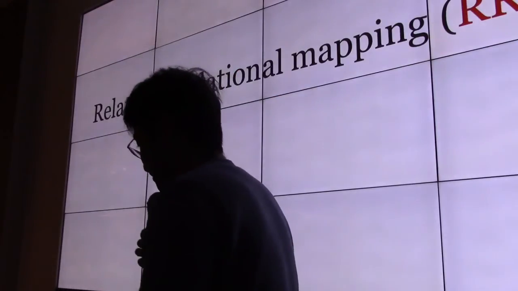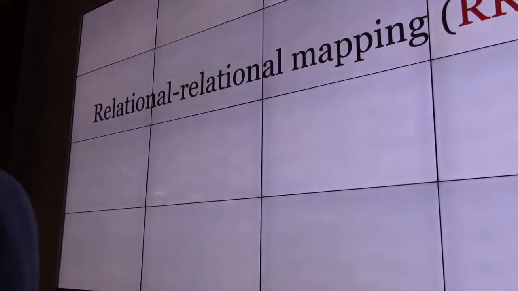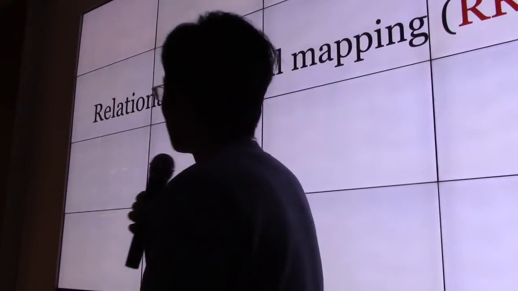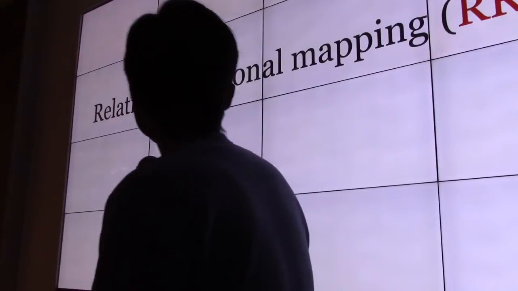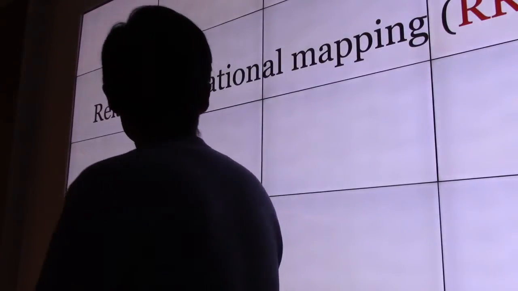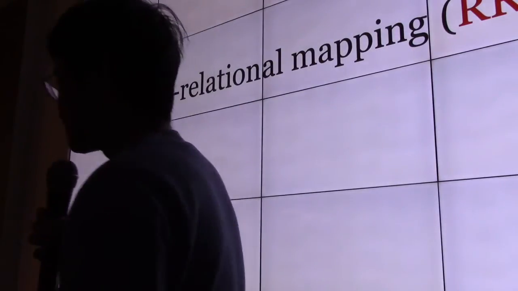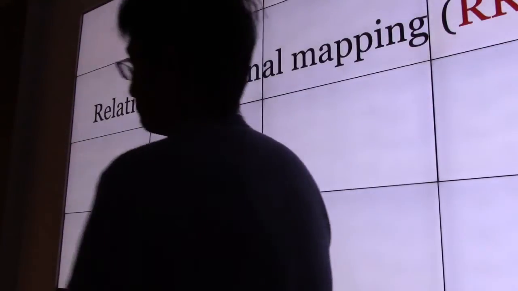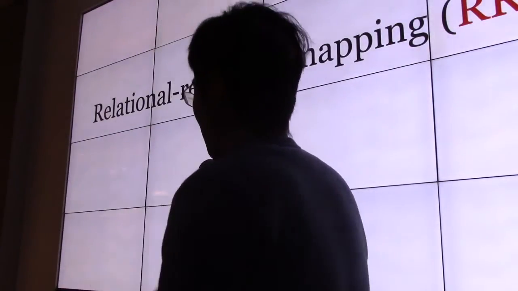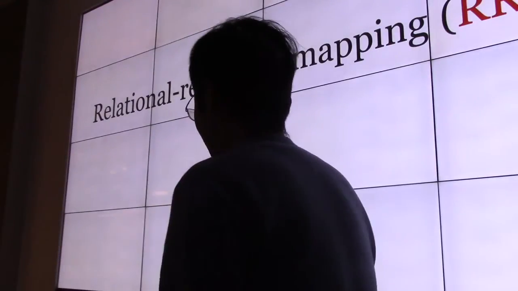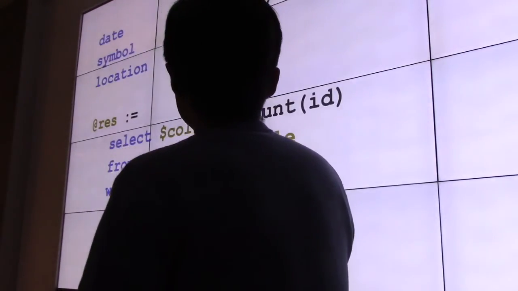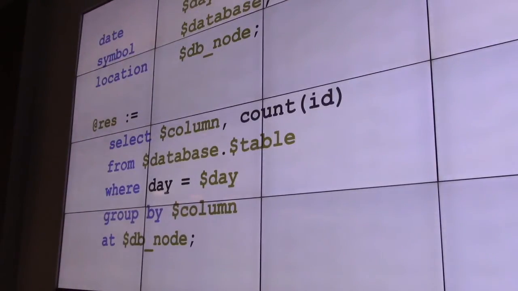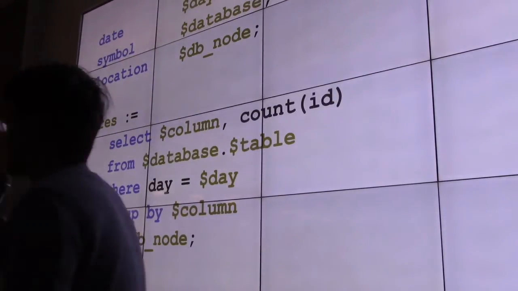So I proposed the notion of relational mapping. I know that ORM, object relational mapping, is very popular, but I really hate that. I think that relational language SQL is a really nice formalism to use when coding up web applications or web analytics platforms. So here's a very simplistic example where we basically make the SQL parameterized.